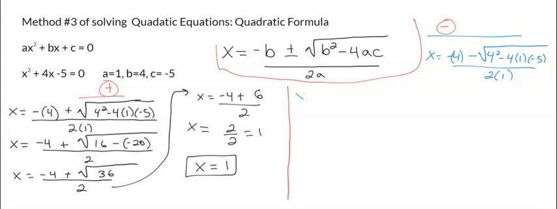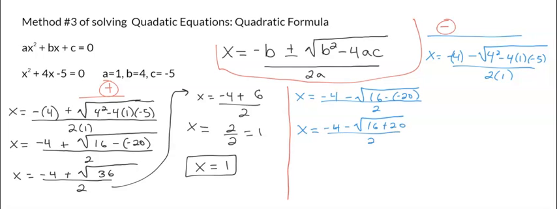Then x is equal to negative 4 minus the square root of 16 minus negative 20 over 2. X is equal to negative 4 minus the square root, and that's going to be plus, that's going to be simply 16 plus 20 over 2. X is equal to negative 4 minus the square root of 36 over 2.